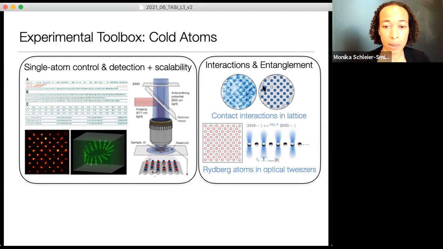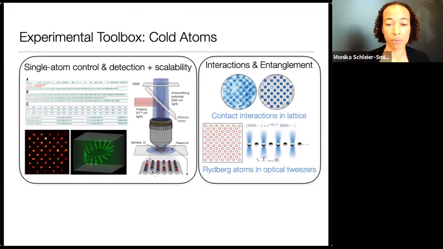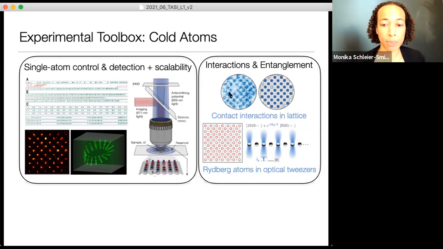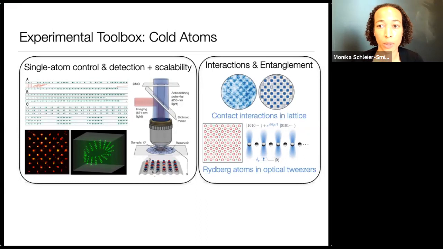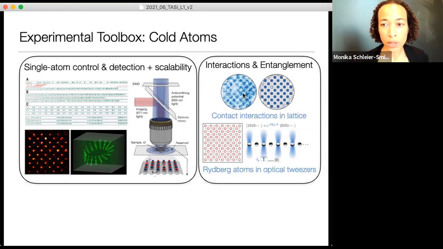In this particular example, they're forming some kind of checkerboard order in the orientations of their spins. This is some antiferromagnetic order formed by these contact interactions in a Fermi-Hubbard model, in this case, of atoms that can hop between sites and interact if they're on the same site. So that's one example of the type of interactions one can realize.